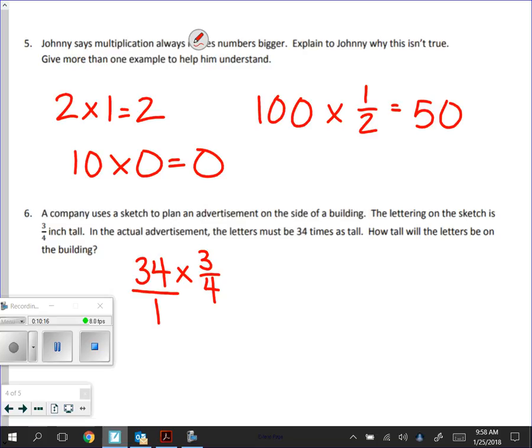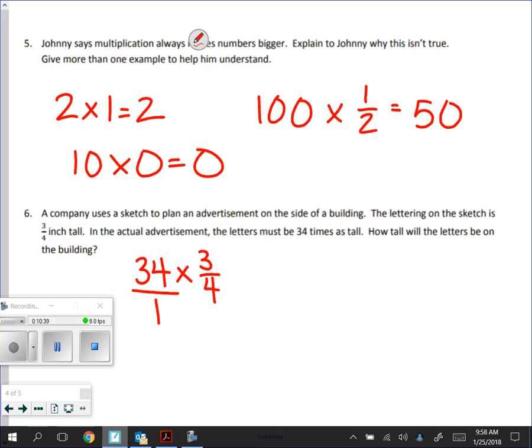I'm going to go to the strategy that I showed you yesterday. I'm a little bit lazy, and I claim it with pride. I don't want to multiply 34 times 3 and then divide that by 4.